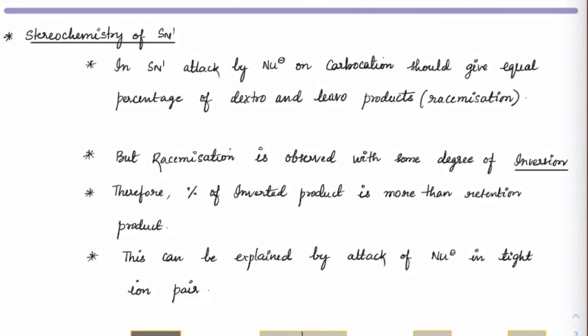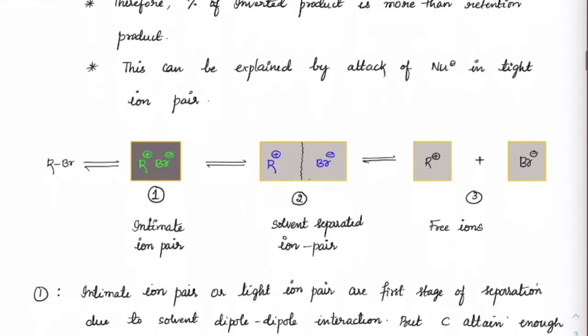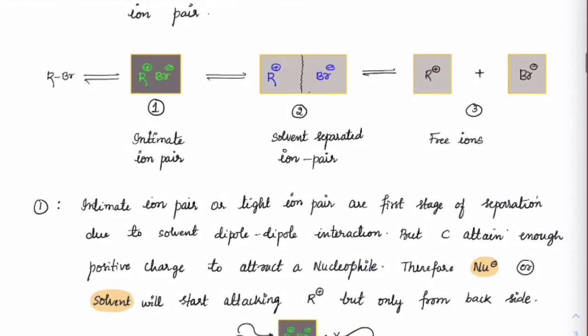Now what is this tight ion pair? Let me conceptually tell you and then we'll go forward. Please do not write anything right now, just focus on it. Okay. Let's focus on this concept first. See, when we have an alkyl halide in a solvent, as soon as we add RX to a solvent, initially they have a very strong attraction. First a covalent attraction, correct?